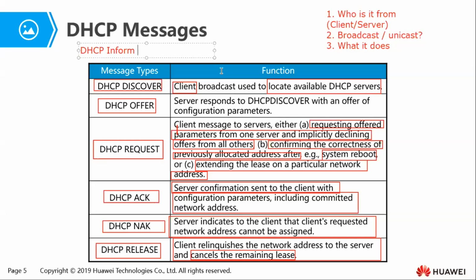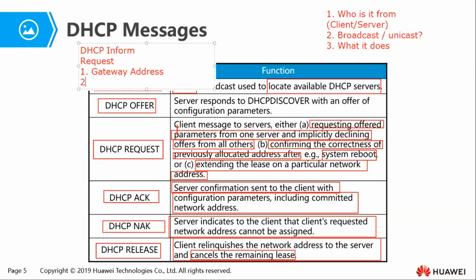such as the gateway address, DNS server address, after the client has already obtained an IP address. So when you've obtained the IP address, you want to request other configuration information, such as the gateway address, or you want to get the DNS server address.